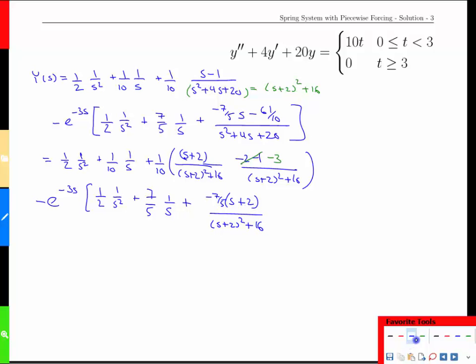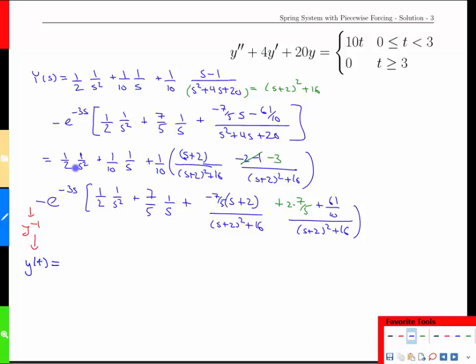What we just did there was subtract effectively 2 times 7/5, so we're going to need to add 2 times 7/5. And we already had a 61/10. All those constants end up over the same denominator of (s plus 2) squared plus 16. And now we can do our inverse transform.